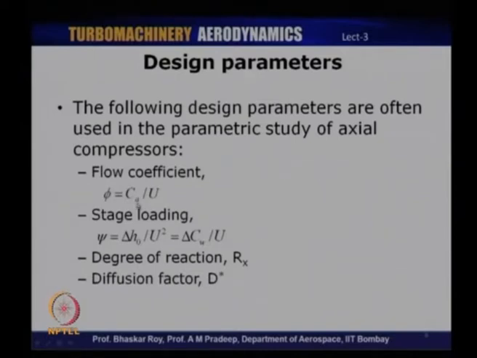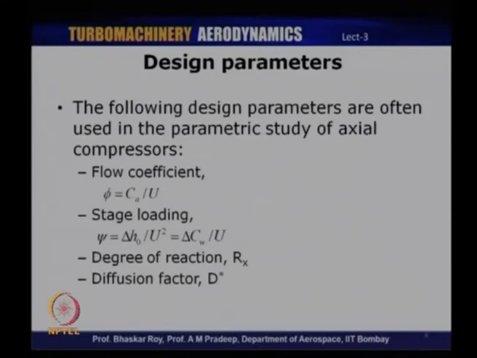Therefore, we will see a little later in some of the later lectures that the performance characteristics of a single stage of an axial compressor are typically expressed in terms of the flow coefficient, because it is an indication of the mass flow rate.